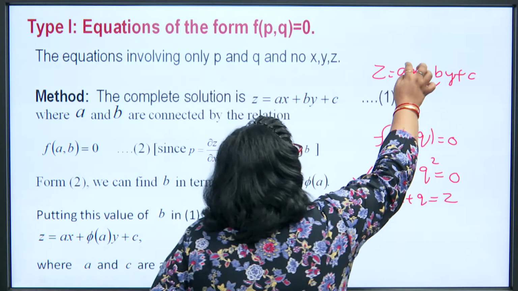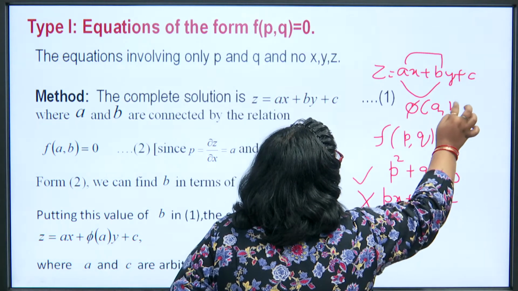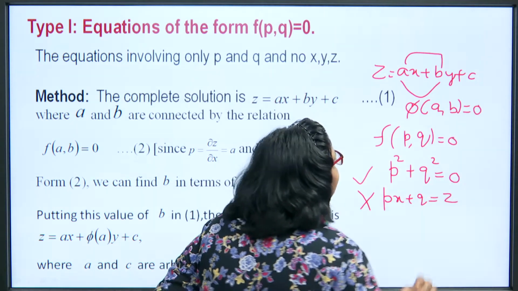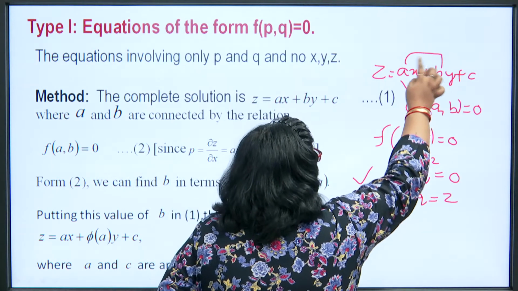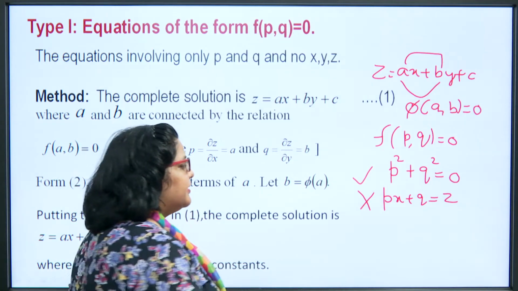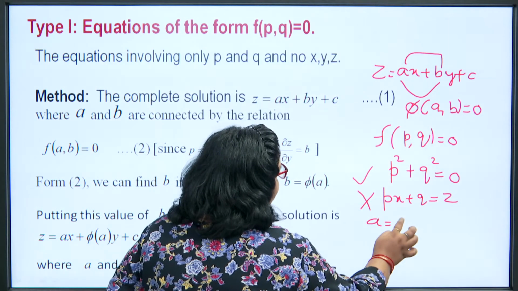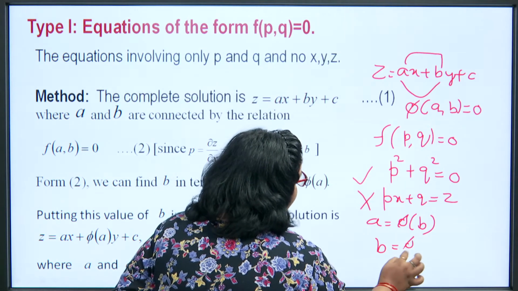We find a relation between a and b from the given equation. After finding the relation, we can write b in the form of a, that is b is a function phi of a.